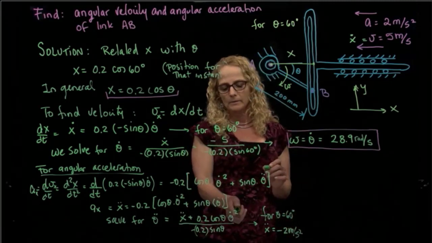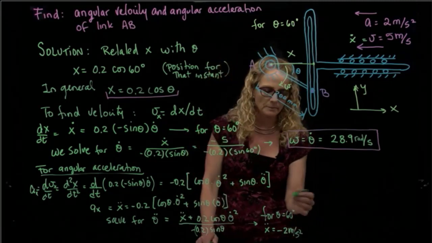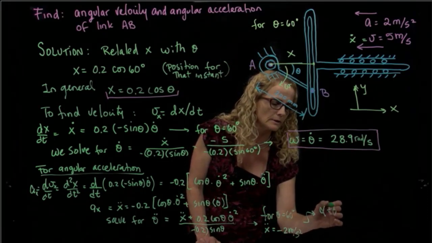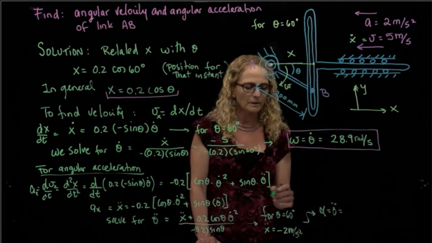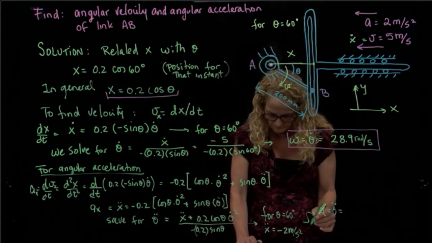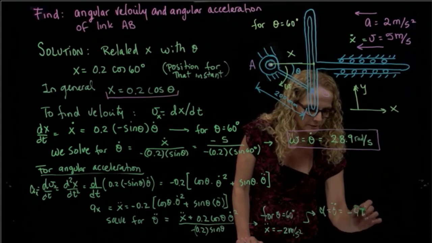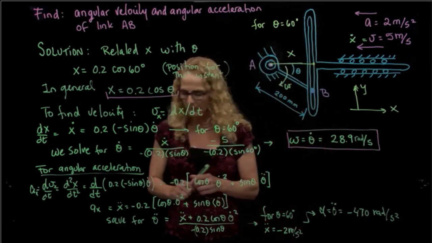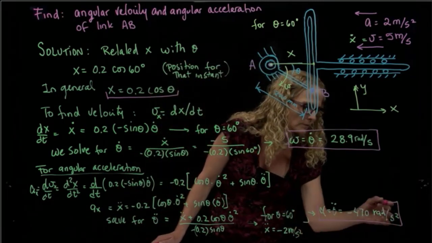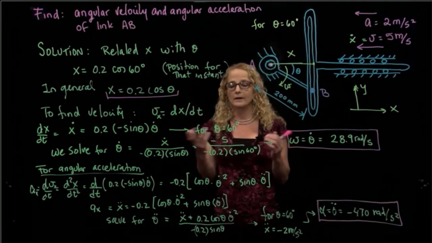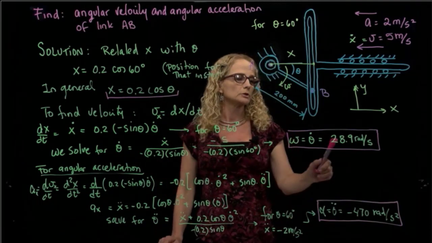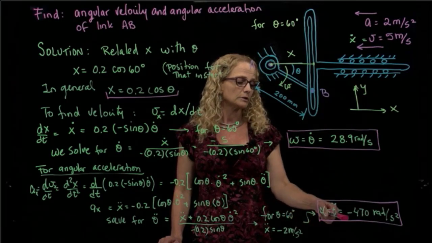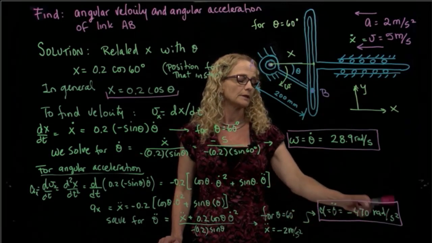I already have theta dot, so I substitute and I get that alpha, which is theta double dot, equals negative 470 radians per second squared. So we finally got that the angular velocity is 28.9 radians per second, and alpha is negative 470 radians per second squared.